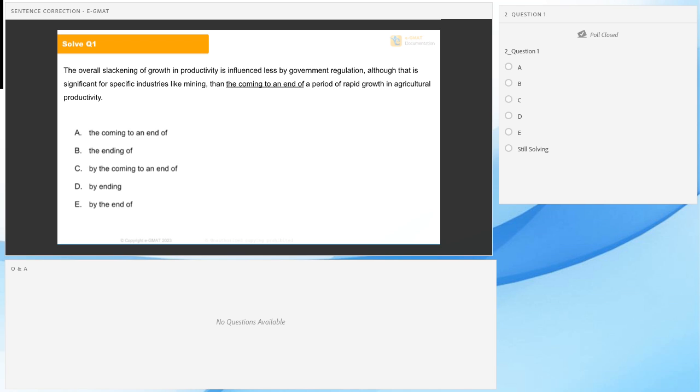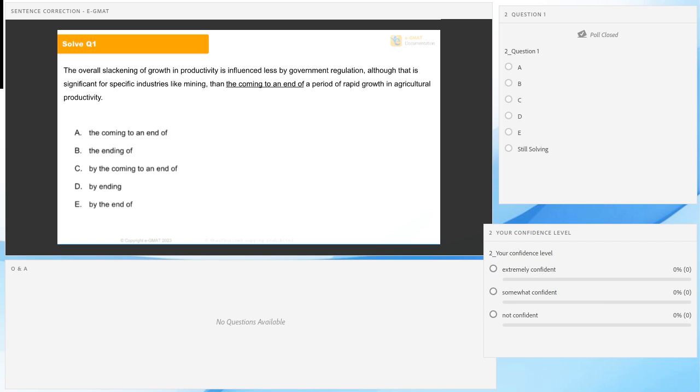Whenever you solve a question, along with making the selection, always write down or make a note of how confident you are in making that selection. So I see that about one third of the class was not confident. Remaining two thirds, somewhat confident, and a small segment, extremely confident.